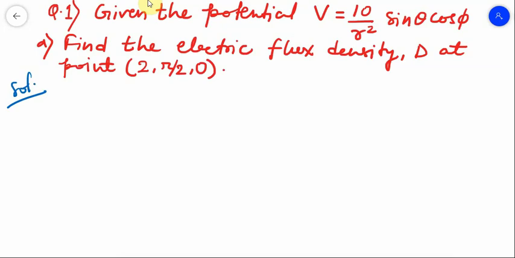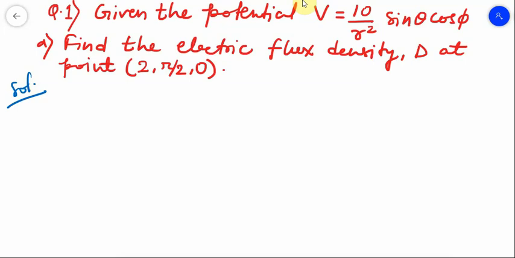If you have to find the electric flux density D, and V is given, we have a direct relationship between V and E, and a further relation between D and E. So with the given V we can find the electric field intensity E, and then the electric flux density.